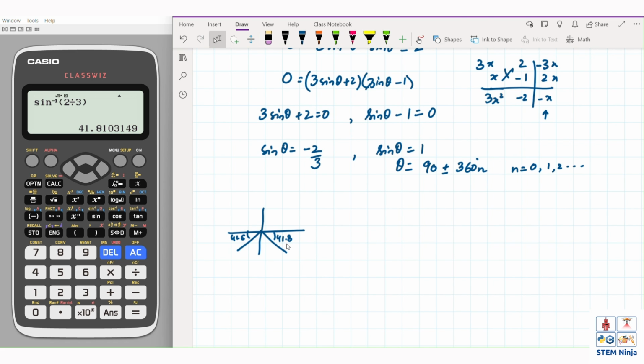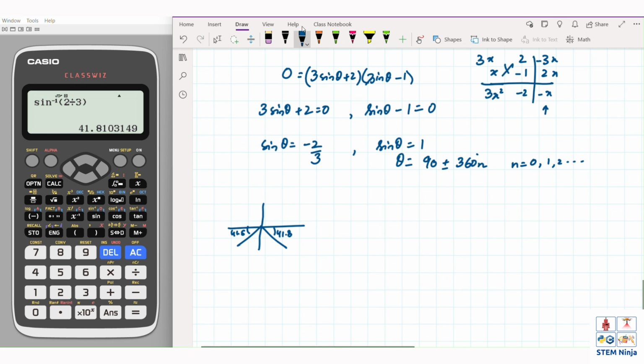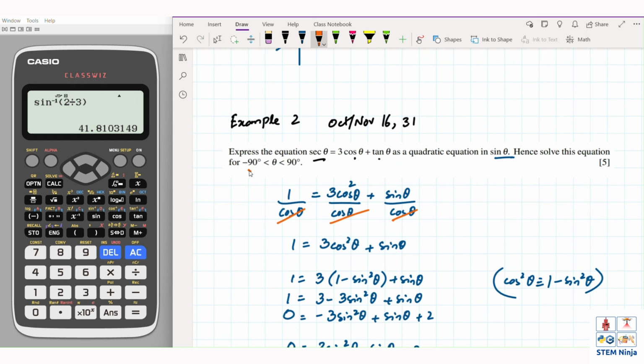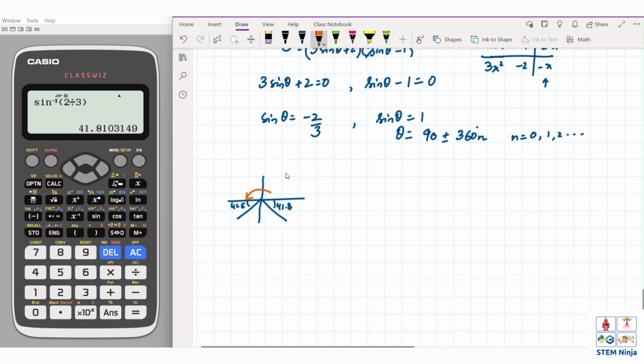Now, we cannot go beyond 180, obviously, because we are restricted to minus 90 to 90. However, what we can do is go backwards. So we can use this minus 41.8 degrees, but since there is no solution in the positive 0 to 90 degrees, we leave it as it is.